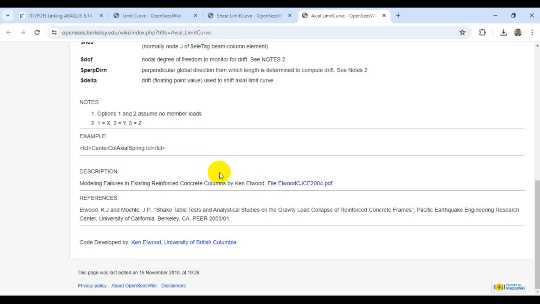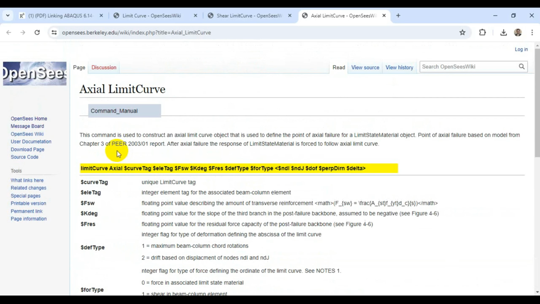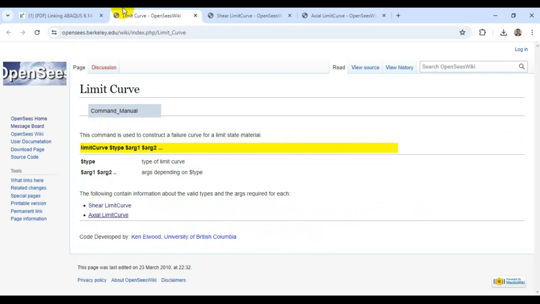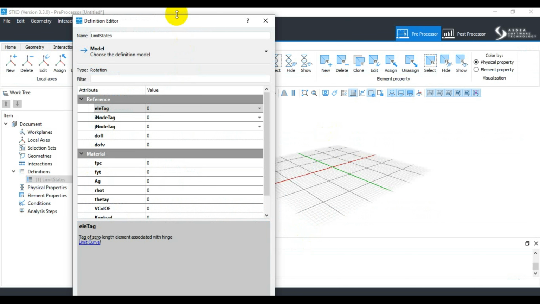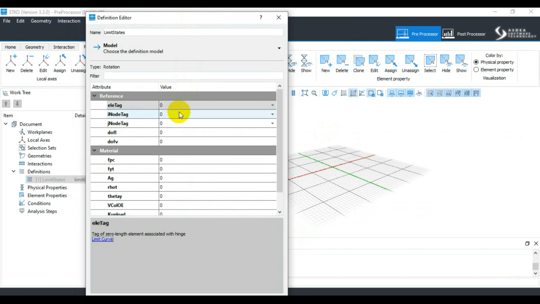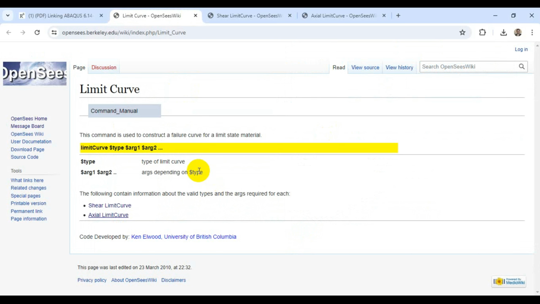So I think we need various kinds of definitions to understand before just opening this software and defining these here in our analysis.